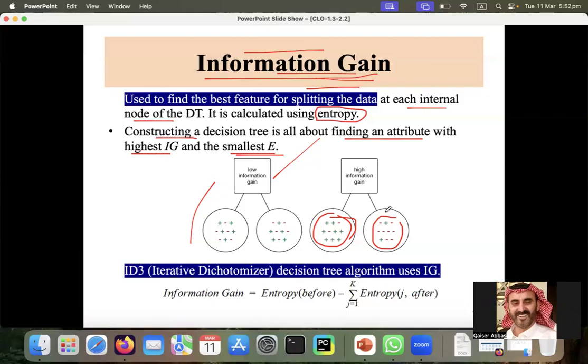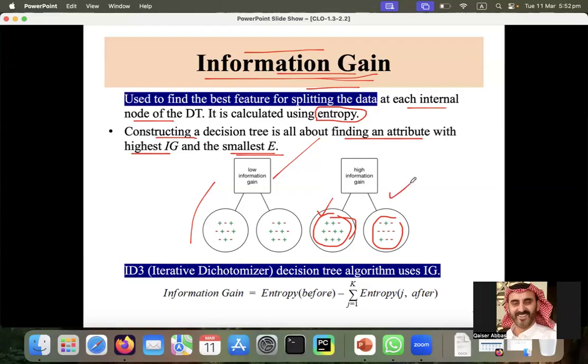So this information gain will calculate the similarity, or the majority of one class. We don't want our data on the branches to be many classes mixed with each other. We want to separate the data related to the class only, related to the category only.